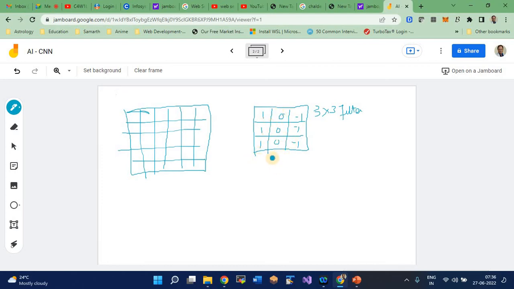If you understand pixels, 0 gives black, more gray or black, or more negative the number, the darker it is, and the brighter the number, the brighter it is. Now if this filter is used on a particular image, let's say I take this image now.